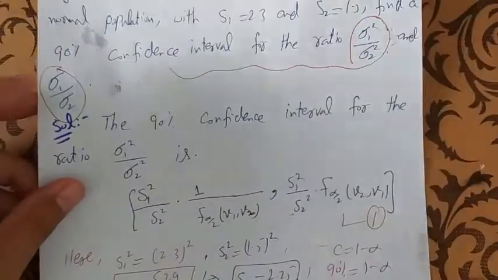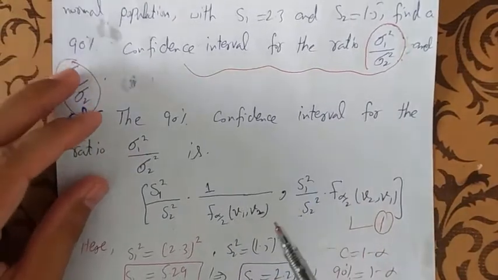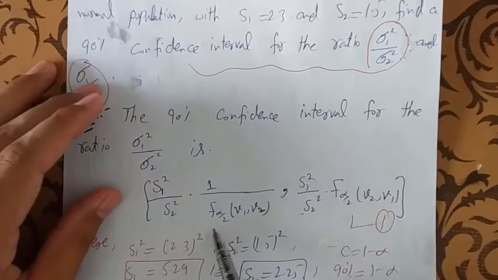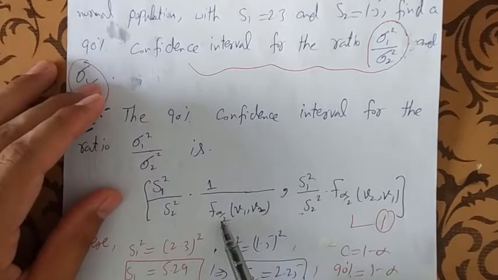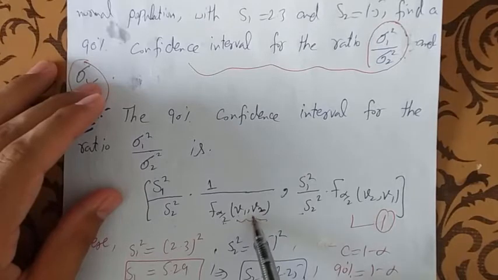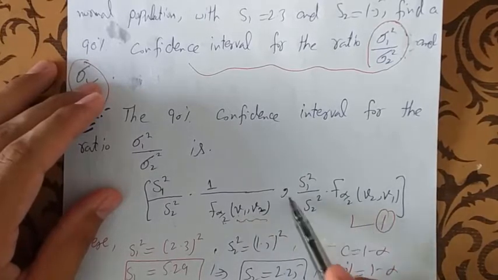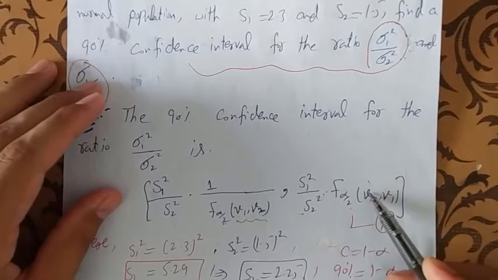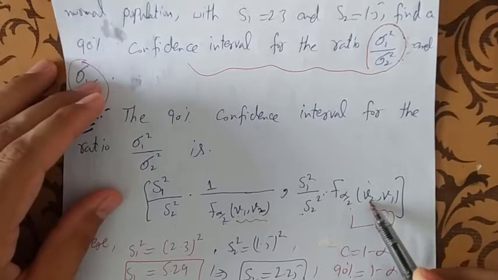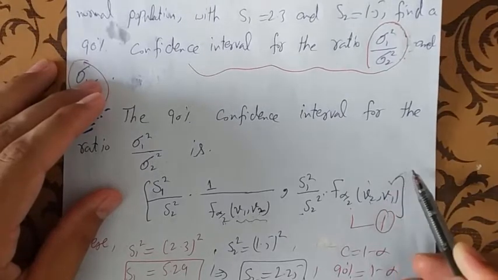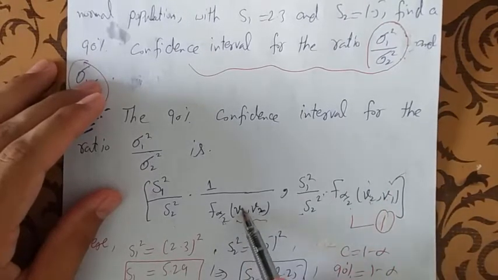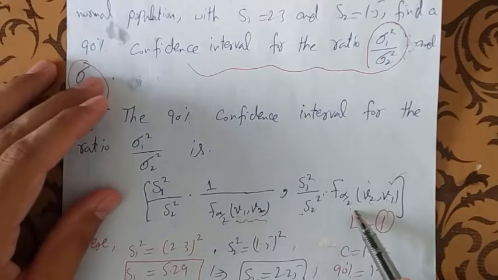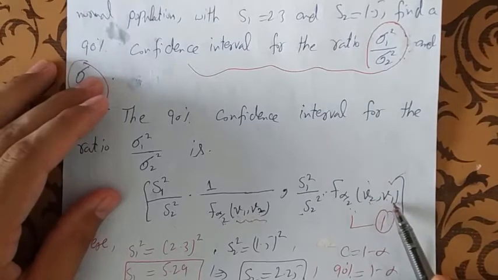Students, how do we understand this formula? Simply, with 1 over f alpha by 2 we write nu 1 comma nu 2, and with f alpha by 2 simply multiplied, these are inverted, meaning nu 2 comes first and nu 1 second. In the first we write nu 1 comma nu 2, and in the second we write nu 2 comma nu 1.